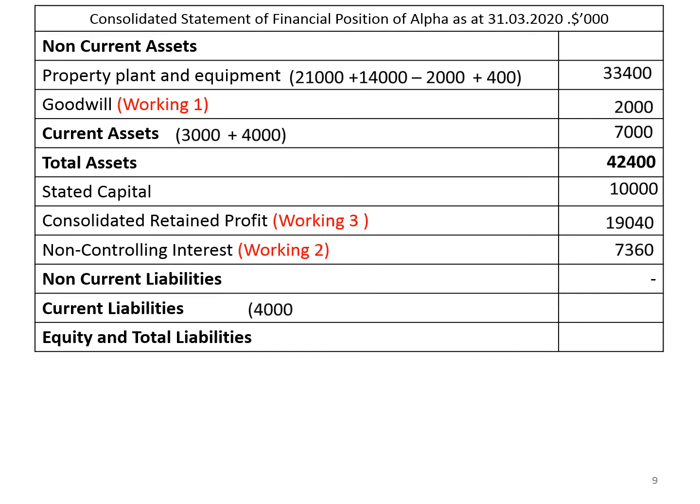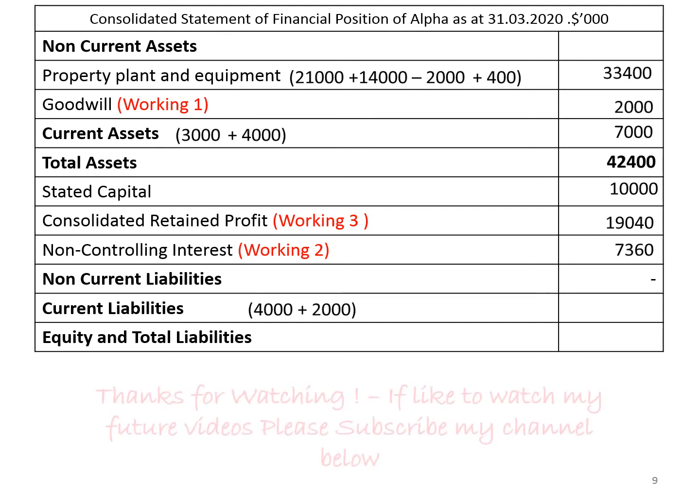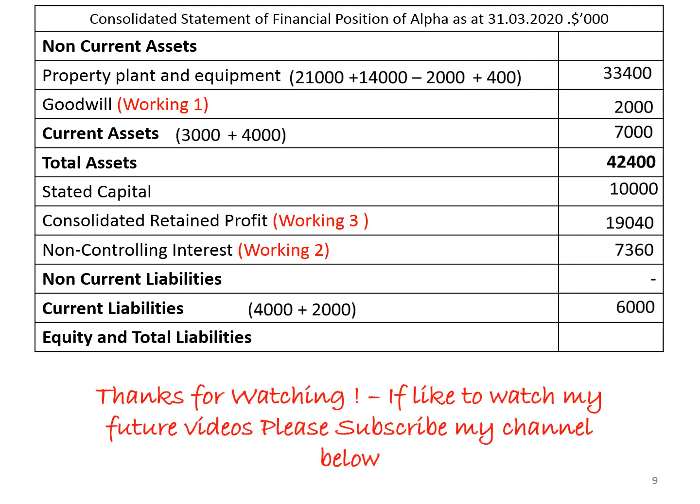You can adopt line by line addition. So parent company's current liability 4,000 and subsidiary, that is Beta's current liability 2,000. Altogether consolidated current liabilities $6,000. Right. So accordingly, equity and total liabilities equals total asset, that is $42,400. That's it.